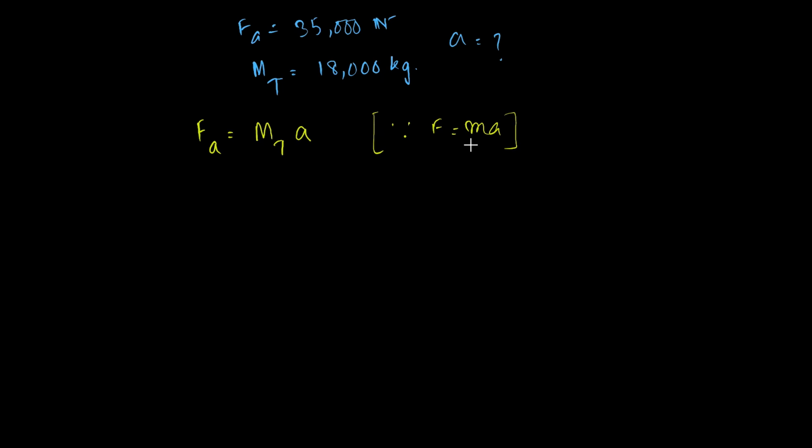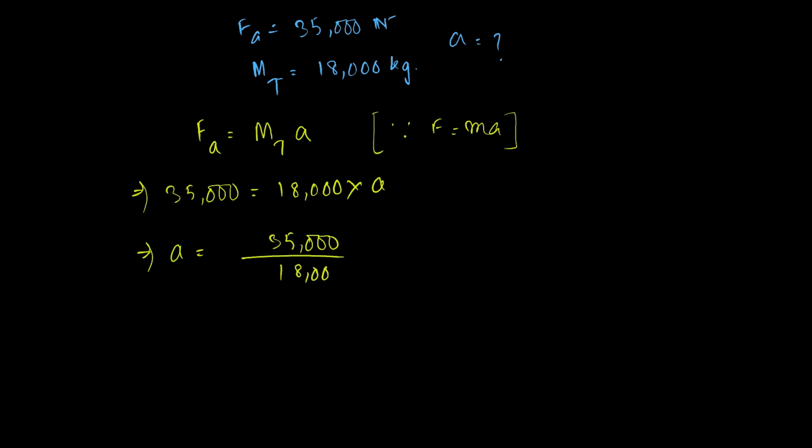We are just using this relation. F_A is 35,000 and M_t is 18,000, and we need to find A. So A equals 35,000 by 18,000, which gives 35 by 18, and it is equal to 1.944 meter per second square.